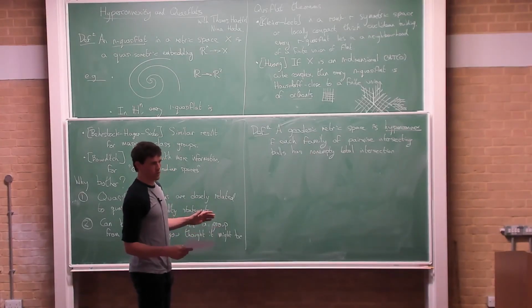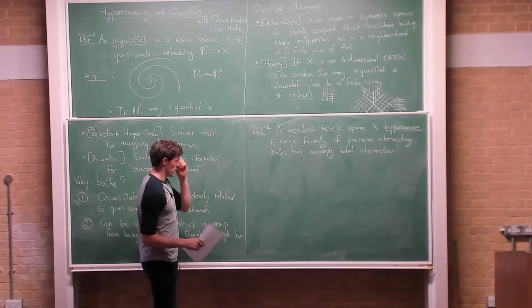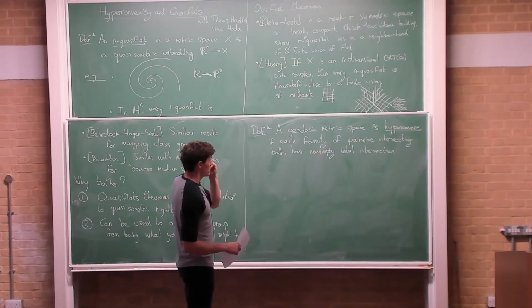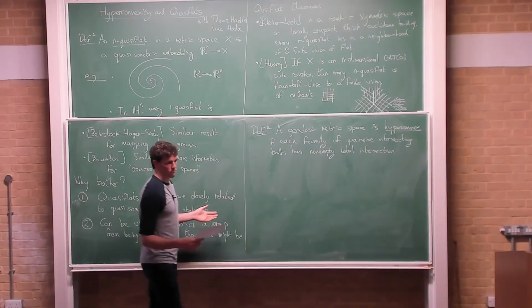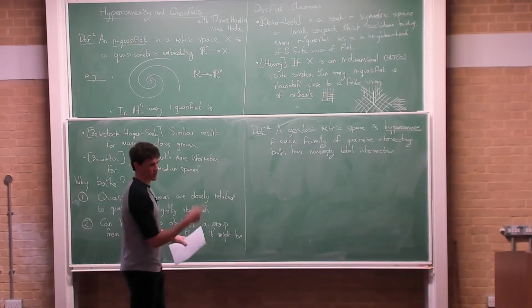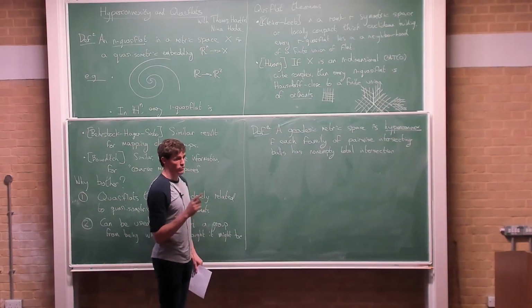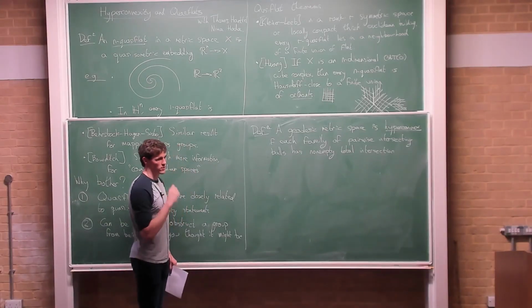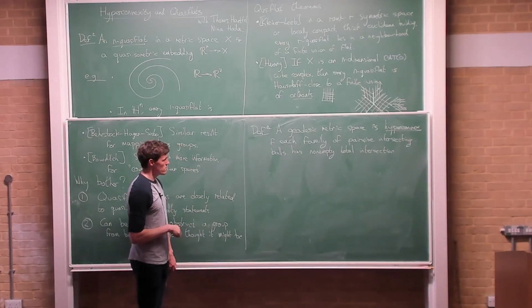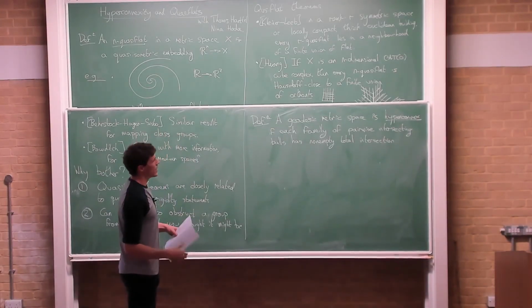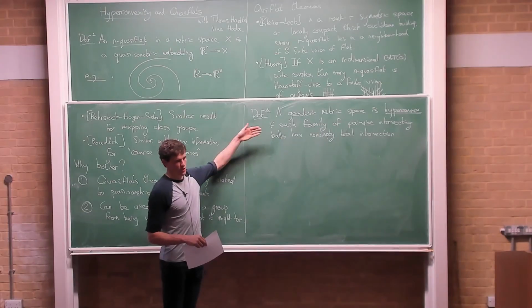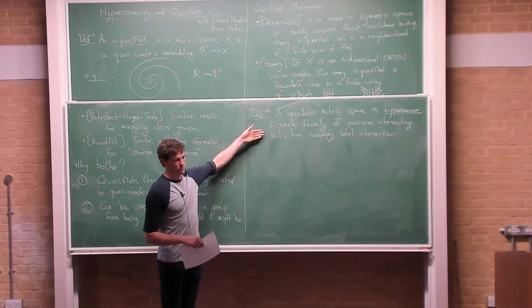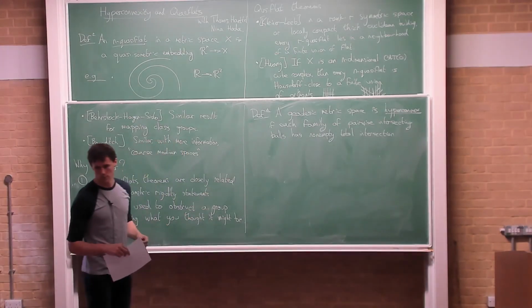Those things turn out to be equivalent. For whatever reason, I chose to use hyperconvex in this talk, but it's possible I will forget because I normally call them injective spaces. I actually think hyperconvex is a better name because it's more evocative of this property, which I think is the easier property to think about than the other one.